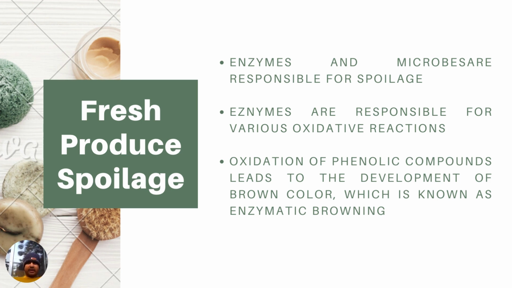And if you heat protein, it is going to denature. So in blanching, we are looking to denature that enzyme or protein which is responsible for conversion of phenols to melanin, which imparts a brown color. We want to stop that reaction so that the product will look fresh.